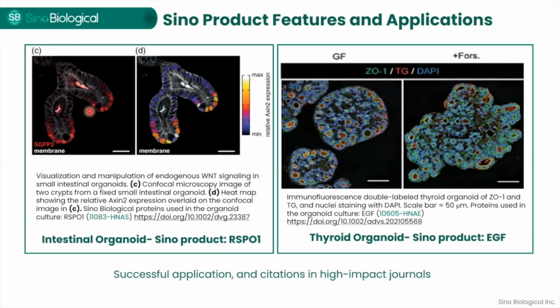Here in this one on the left, our customers used our RSPO1 product for intestinal organoid generation and culturing. And in the example on the right, we see that this customer used our EGF product in thyroid organoid culturing. And they have successfully used this in their experiments and generated this data using our products.